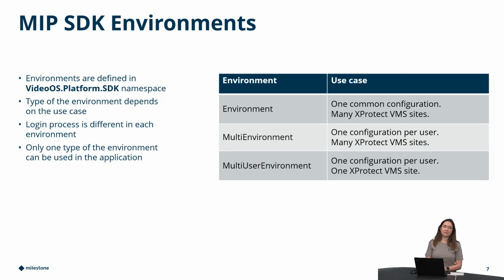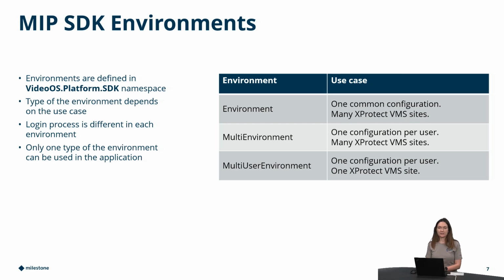In the MIP SDK, we have 3 so-called environments. Those environments define how we store the configuration data for the user and how many sites you can connect to. You can only use one environment at a time in your integration, so you should choose wisely based on the use case of your application.